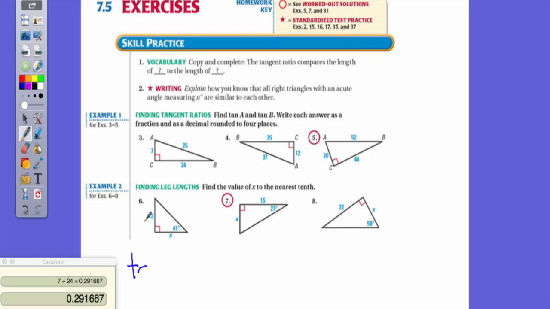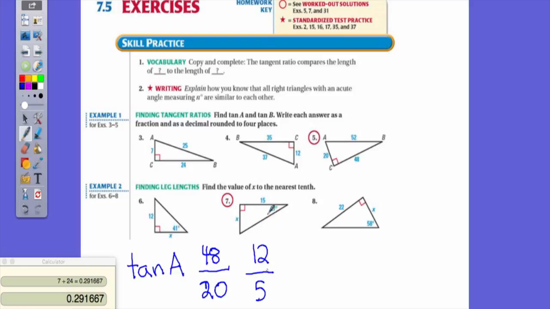In number 5, the tangent of A, the side opposite angle A is 48 and the side adjacent to angle A is 20. Those are both divisible by 4, correct? 48 divided by 4 is 12, and 20 divided by 4 is 5.